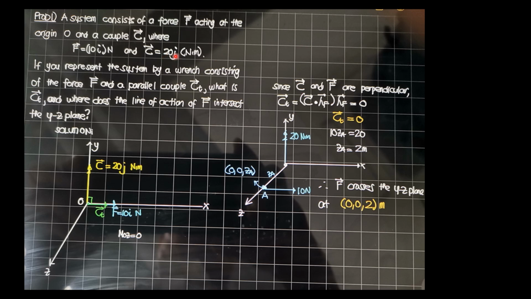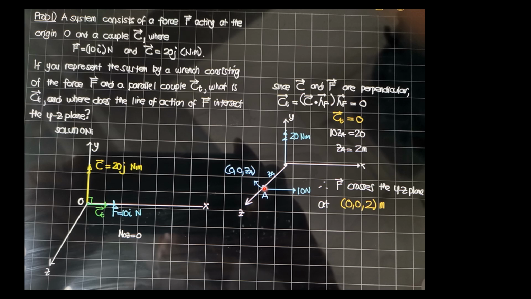So that means there's no moment about the z-axis, so we have an idea that the point A, where we should transfer the force, should be on the z-axis where y is 0. So 0, 0, z sub A.